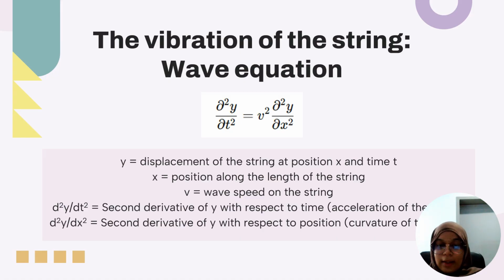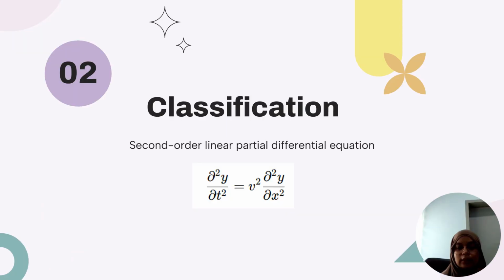As you can see in the slide, the equation is the second partial derivative of y with respect to time equals v squared times the second partial derivative of y with respect to x, which is the position. The classification of this equation is a second order linear partial differential equation. The degree of the highest derivative is 2, which makes the equation second order.